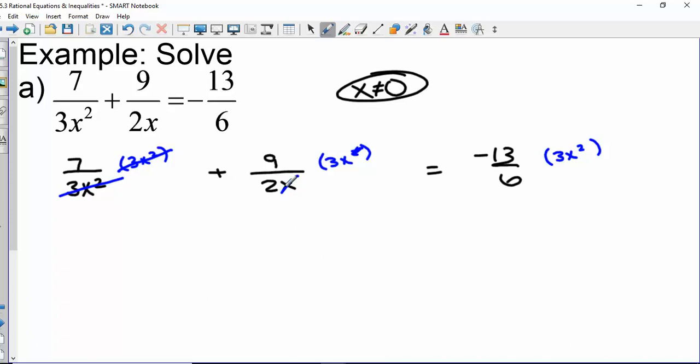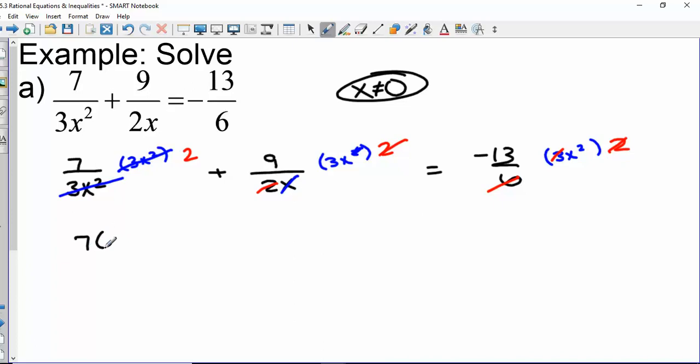So cancel out one of those x's. So really all I need to multiply by for this one is a 2. 2 times 3 is 6, so you could go ahead and cancel that. Is everybody with me there? Where'd the x squared go? It's still here, on the top.